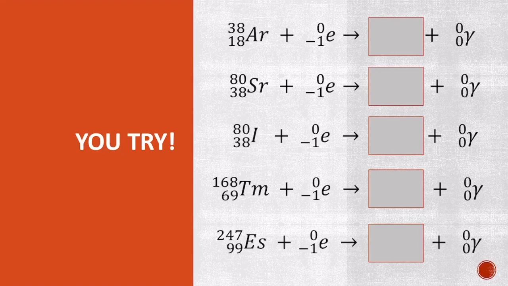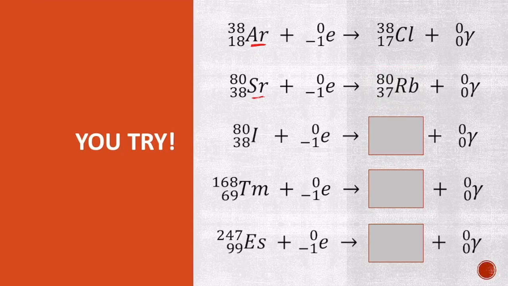I'm starting here with argon-38, and it's going to pull in that low energy electron and become chlorine-38. Then I have strontium-80, and it's pulling in that low energy electron and becoming rubidium-80. And then iodine-80 is pulling in an electron and becoming tellurium-80.